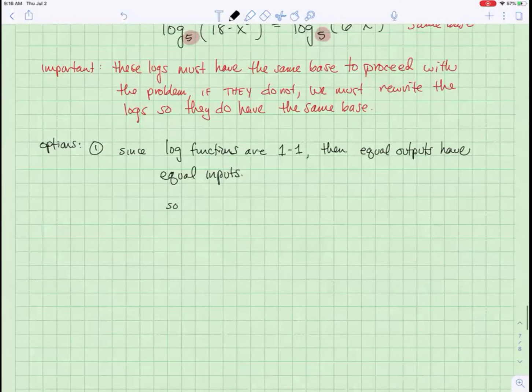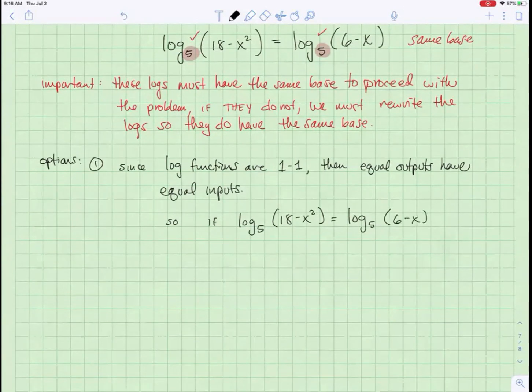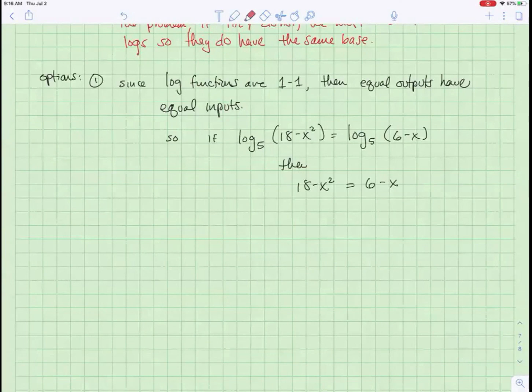So if log base 5 of 18 minus x squared is equal to log base 5 of 6 minus x, then 18 minus x squared must equal 6 minus x. If the outputs are equal, then the inputs must be equal. So that's pretty straightforward.